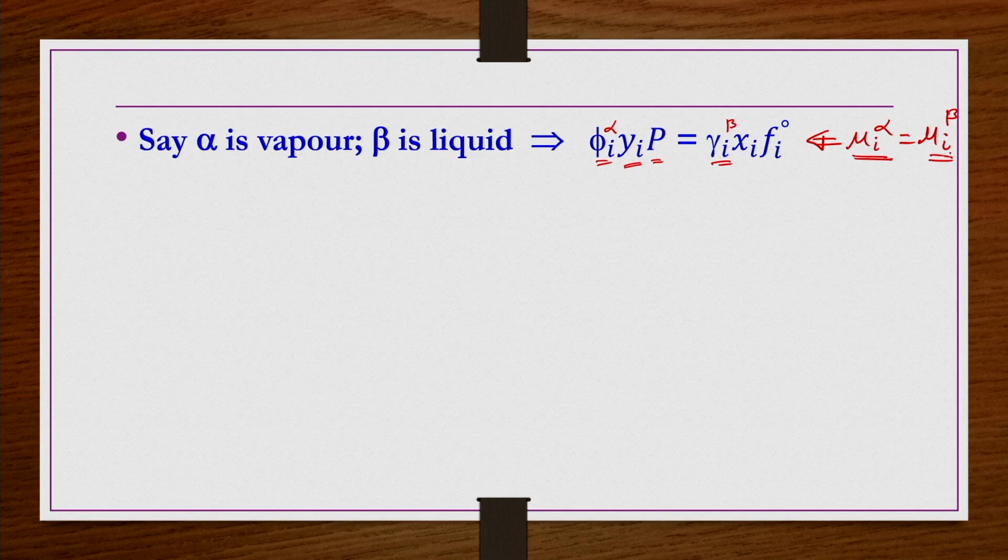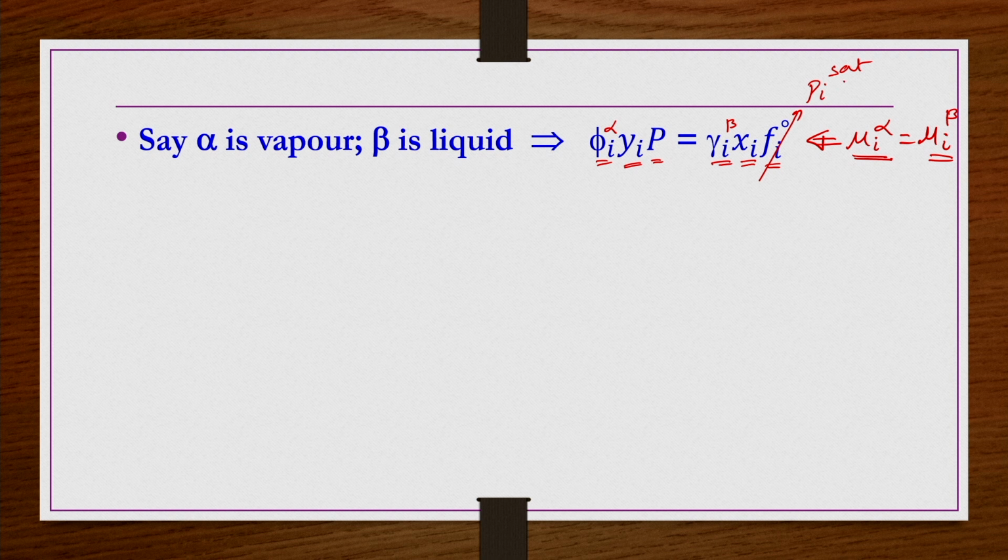So, now this mu I beta is related to its composition xi, okay, and then fi naught, it's a kind of related to some reference state, fugacity at reference state. In general it is taken as PI sat.